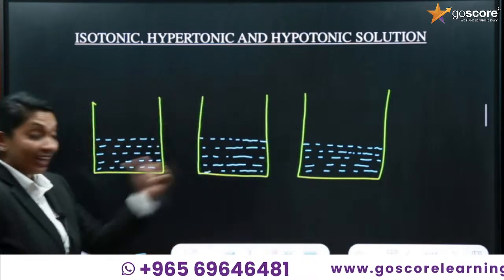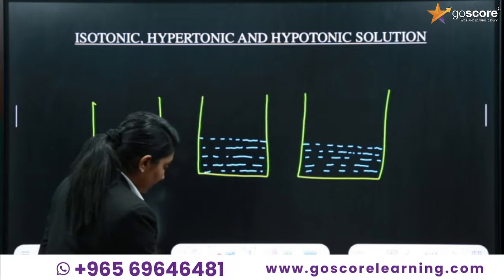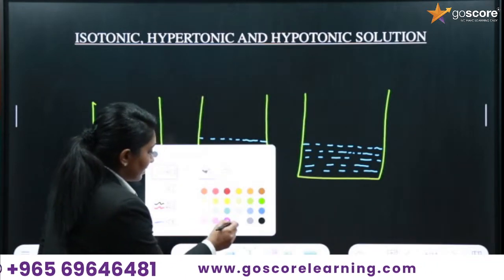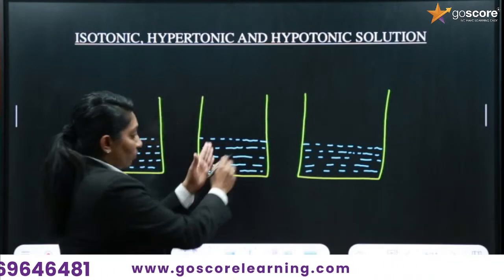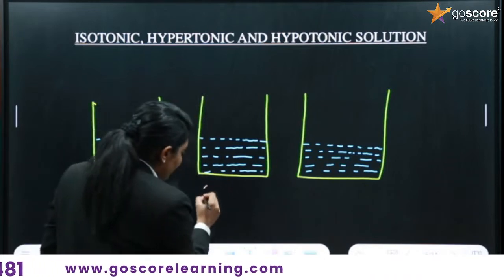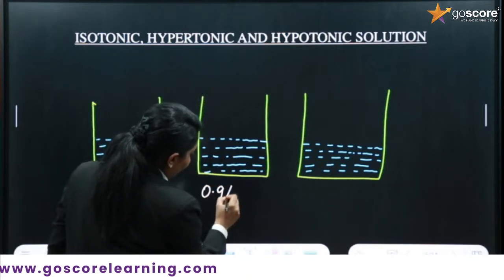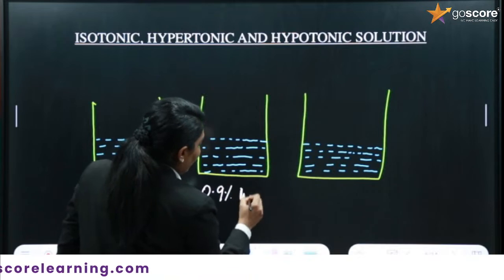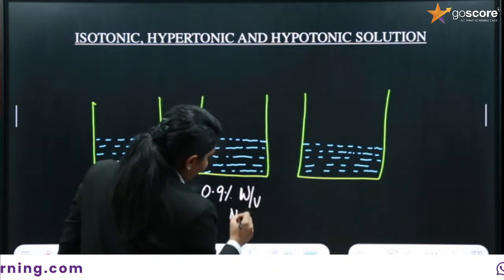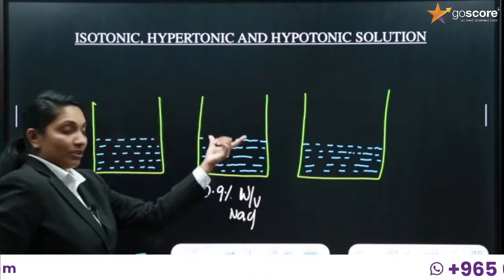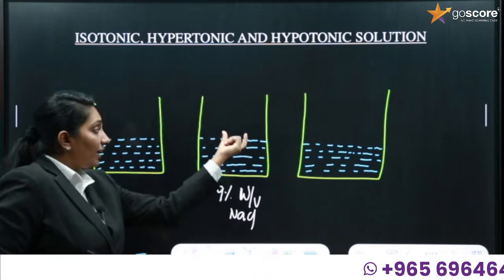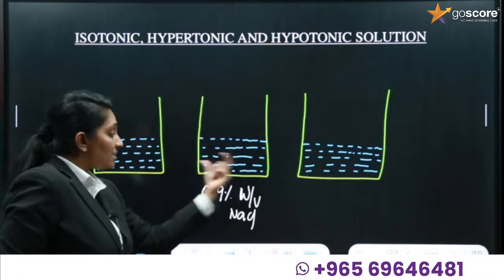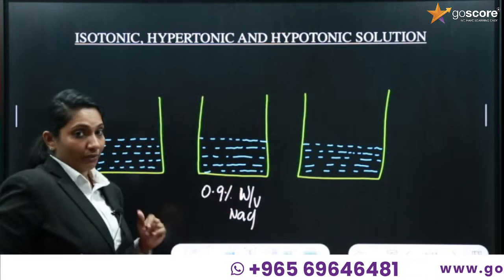So here in the mid one, let's imagine the solution I have taken is 0.9 percentage weight by volume solution of NaCl. The concentration of the sodium chloride in the middle beaker, mid one, is 0.9 percentage weight by volume.